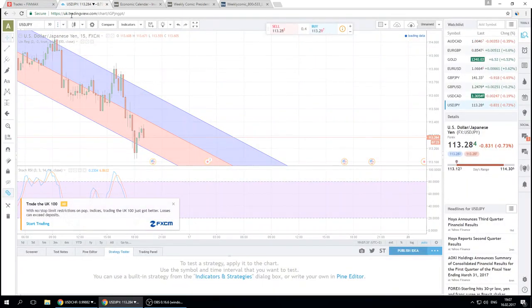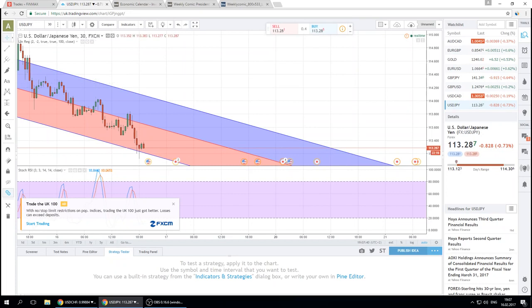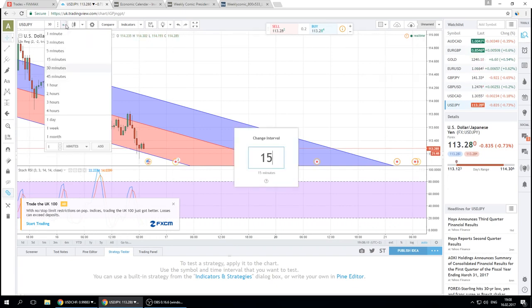Let's switch to see what we have in general. You see here is a pretty good figure. This is a pretty good situation on this chart. This figure tells us that the prices were really volatile, and this candle showed us that the trade should be opened for growing. 30 minutes, 15 minutes.